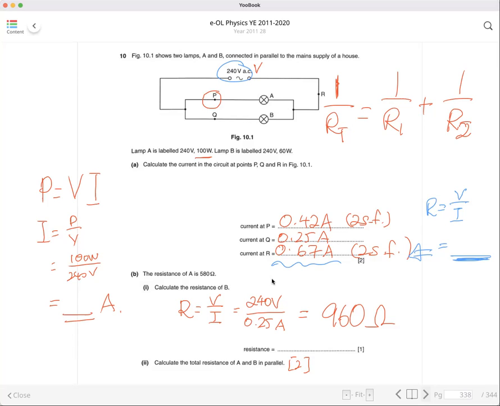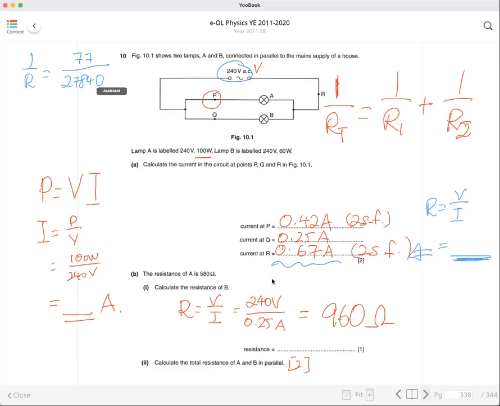Okay. Pei Kwan, 1 over R, if you add them together, what do you get? Use your calculator. 1 over 580 plus 1 over 960, what do you get? Okay, if I want to be very specific, I will get 77 over 27840. Do you get the same answer as me?